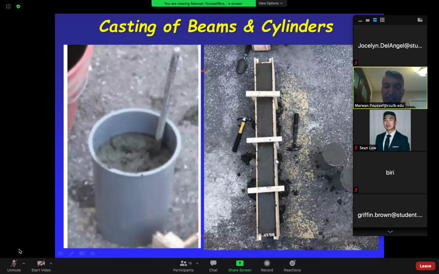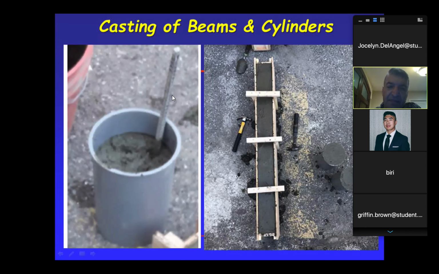So that's what we're talking about, okay? More pictures. This is the tapping, the rod tapping. Remember, we put this in thirds, 1/3, 1/3, 1/3, so we don't have voids in there, and we tap it with this 15 to 20 times. We smooth the top, and then we cover it right here. See, the top is smooth, and we put the white lid on it.